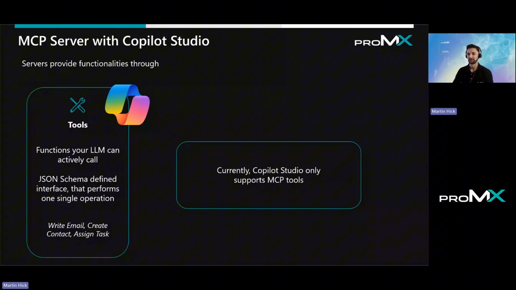And thus, this is the only thing right now available in Copilot Studio. So whenever you create an MCP or use an MCP that also has resources or prompt suggestions, those are not going to show up in your Copilot Studio agent in the end.